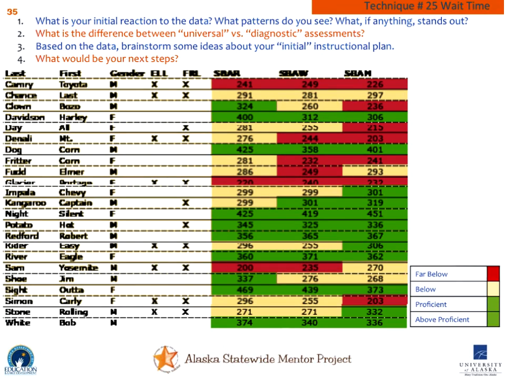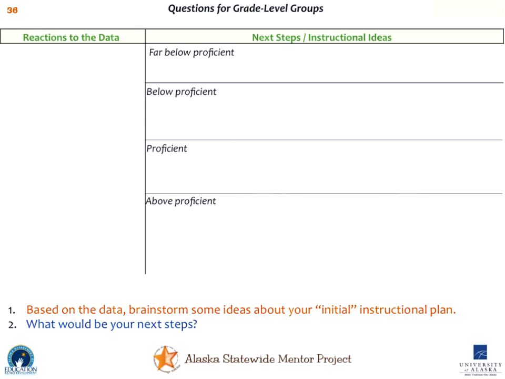So let's go on to the next slide and make some decisions about what we're going to do next. In listening to what you've said, now Sue's going to type in the background on this. Some of you said that the ELL did not score well, so we're going to put that into the reactions to the data. And you could see that ELL and free and reduced lunch were related, so that should be typed in there.